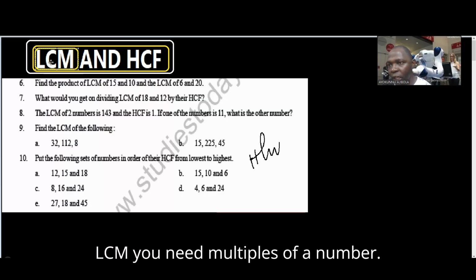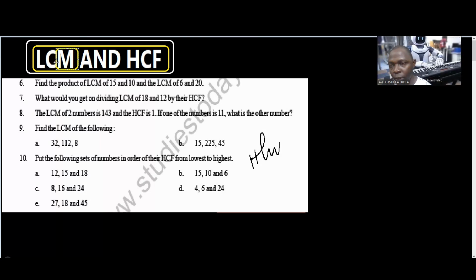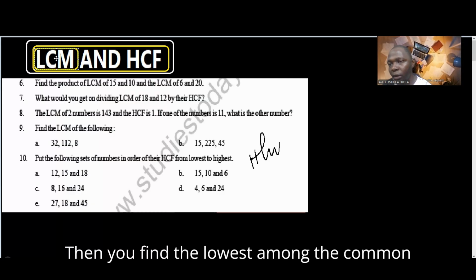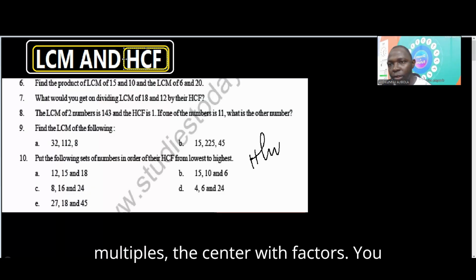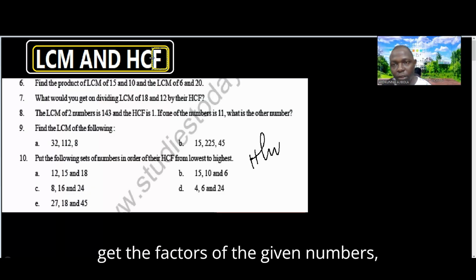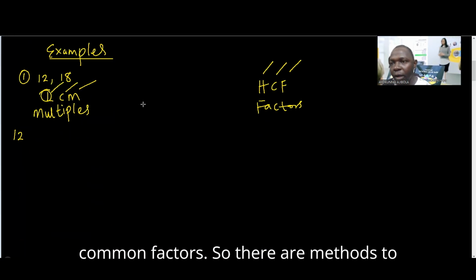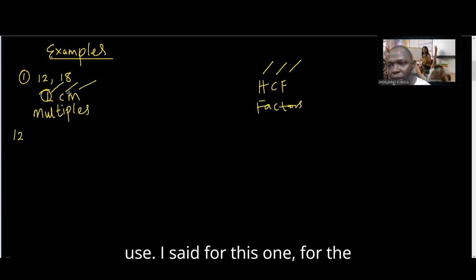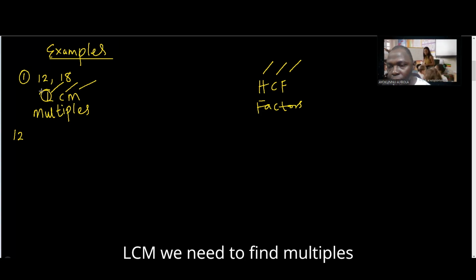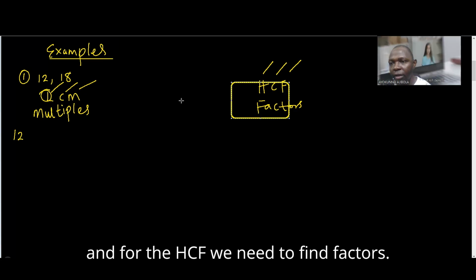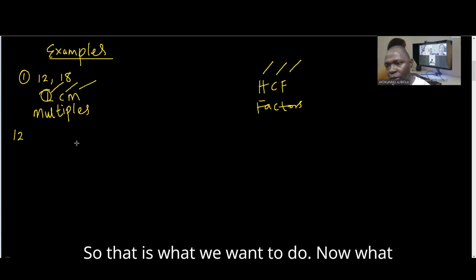For LCM, you need multiples of a number, then you find the common multiples of the two or three given numbers, then the lowest among the common multiples. The same with factors: you get the factors of the given numbers, then the common factors, and the highest common factor. For the LCM we need to find multiples, and for the HCF we need to find factors. That is what we want to do now.